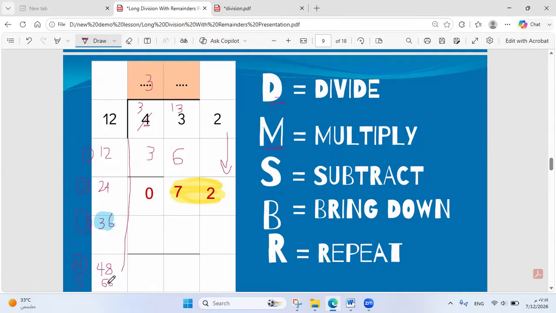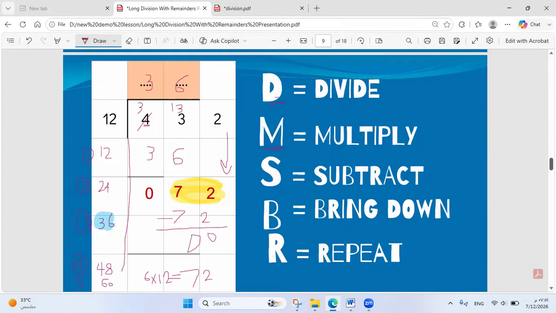And another multiple of 12: 6 multiplied by 12 equals 72. So 72 is the suitable number here. So how many 12s are in 72? It's 6. So we put the 6 here and we multiply 6 by 12 equals 72. And then we subtract, we get zero.